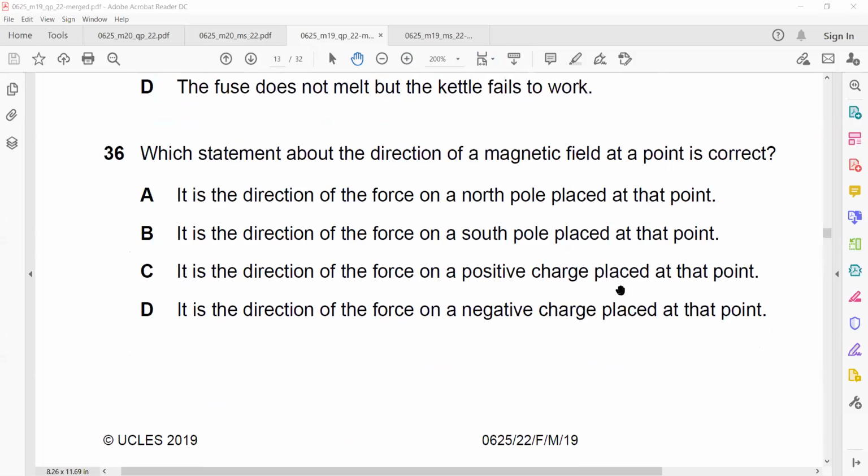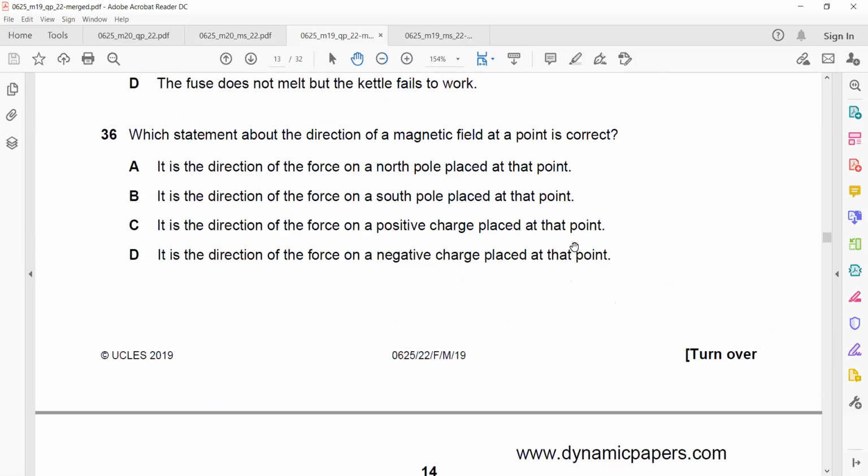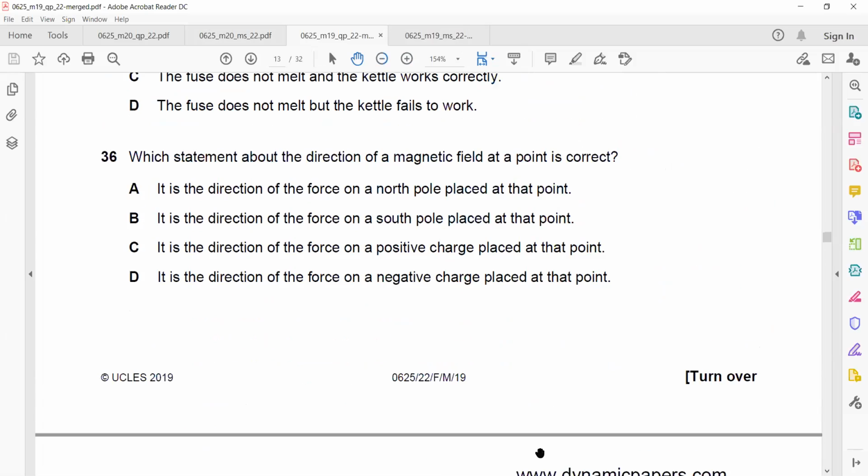Which statement about the direction of magnetic field at a point is correct? What is the direction of the magnetic field?